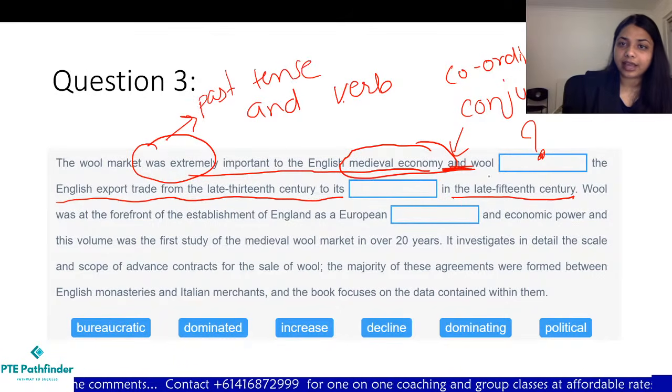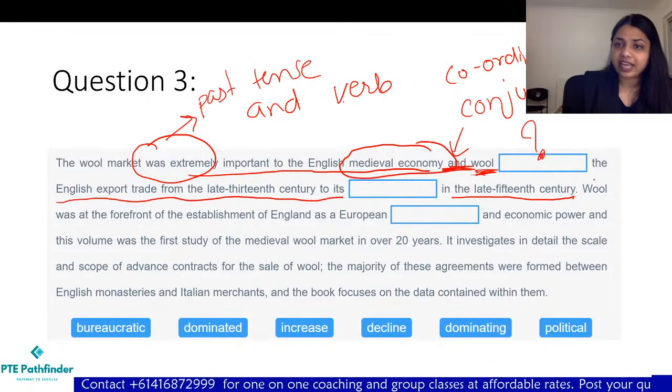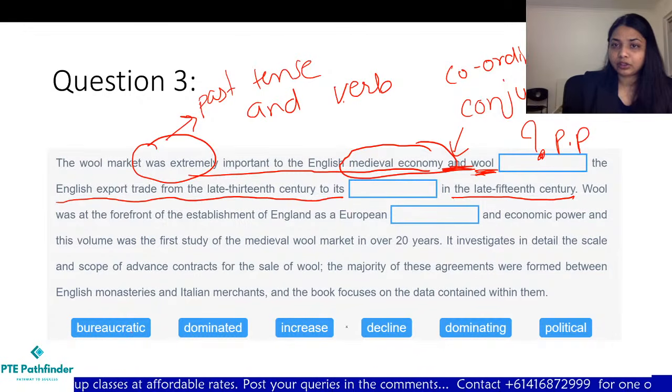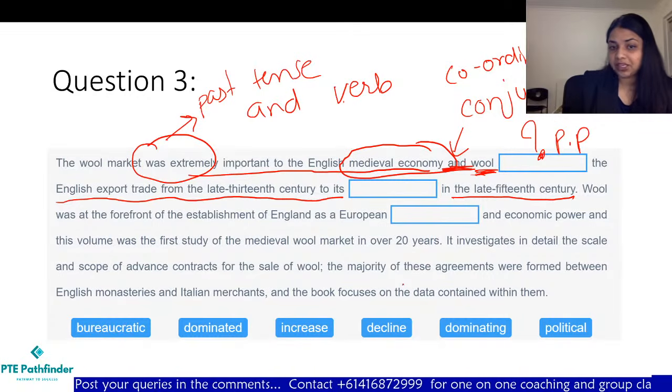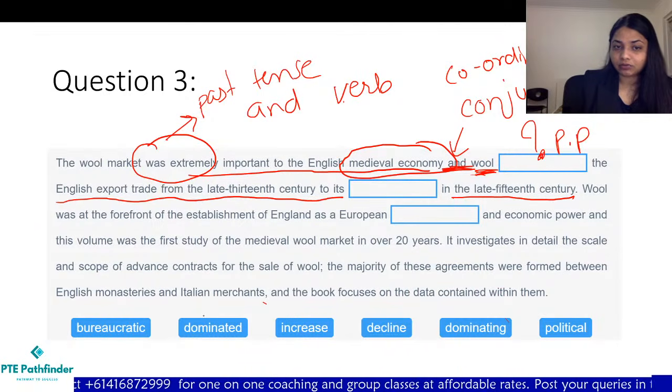So here, wool dash, we need a past form. So wool bureaucratic doesn't make sense. Wool dominating the export trade could be, or political doesn't make sense, right? So it could have been dominated or dominating.